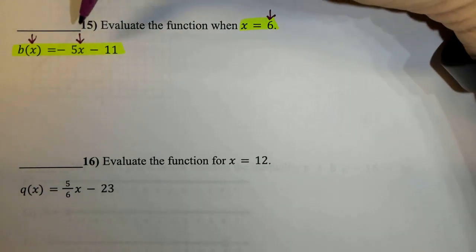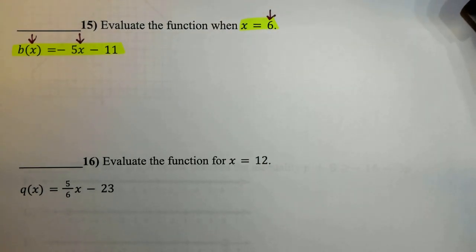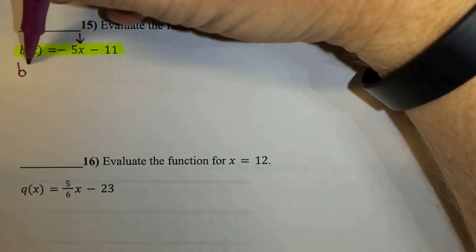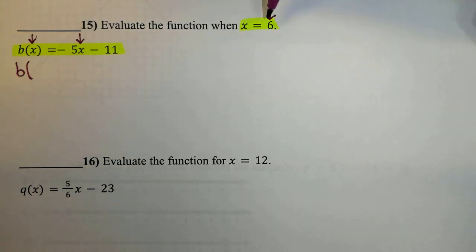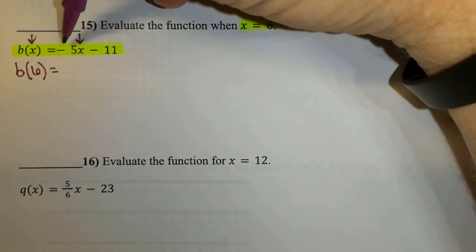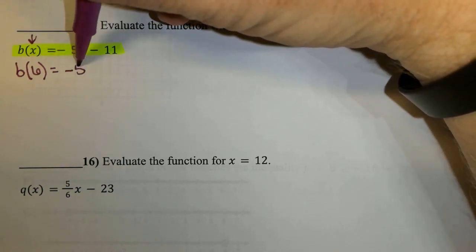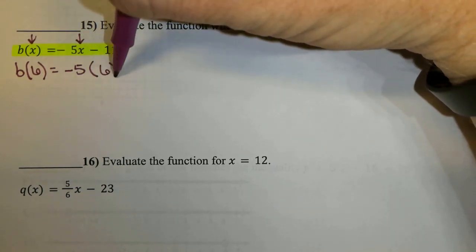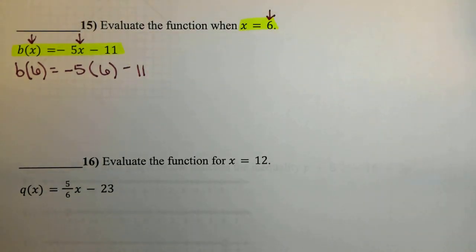Because I have some room, I'm going to do this right below. So b of, instead of x, I change it to 6: -5 parentheses 6, and then -11.